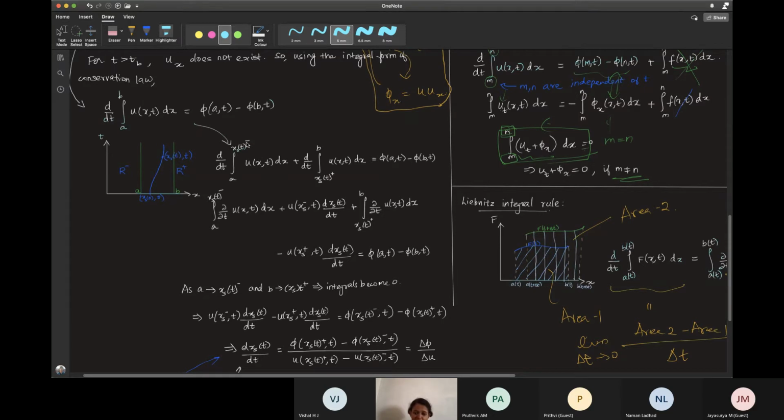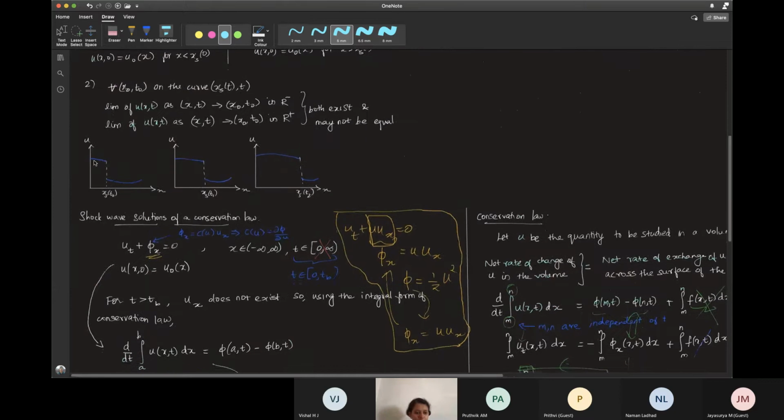I'm not writing it as x_s(t), it's just x_s(t) minus, because this is just a curve, and integration is actually measured by area, even when you have a discontinuity.